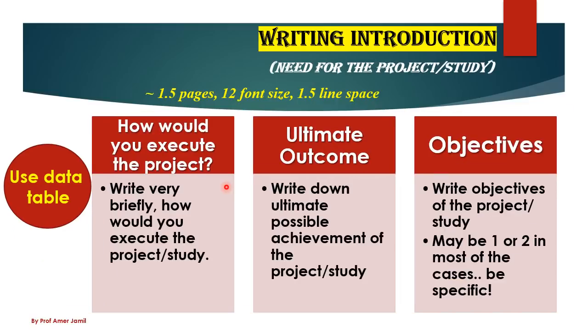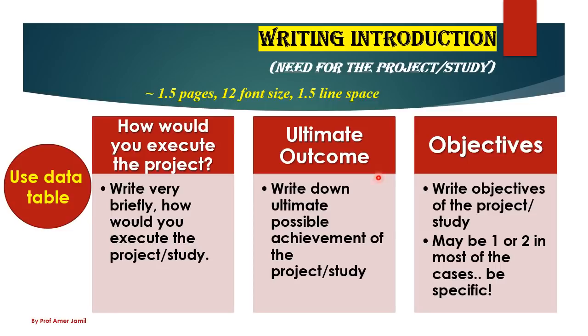And then next you write how you would execute the project. Here you would not mention the materials and methods, but you would write very briefly how you would execute your project with reference to the available resources, in just 2 to 3 lines. Of course you will give detail in the methodology, but here you want to convince the reviewer that it is doable.